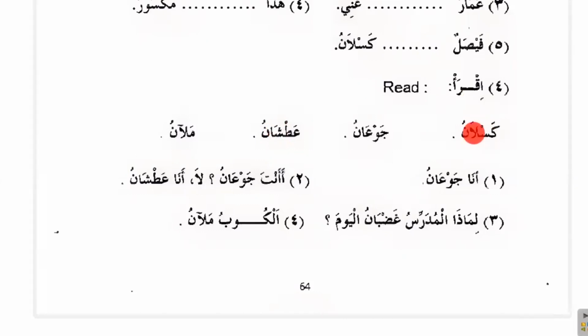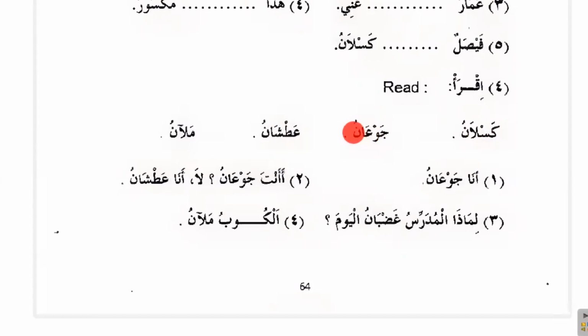So keslanu, for right now, we just learn the meaning. Keslanu, I already told you, it means lazy. So you can say, ana keslanu, I am lazy. But you shouldn't be lazy. Okay. Jaw'anu means what? Hungry.